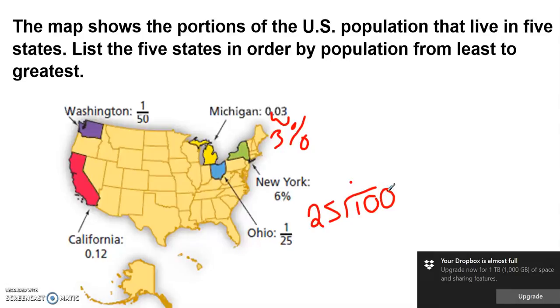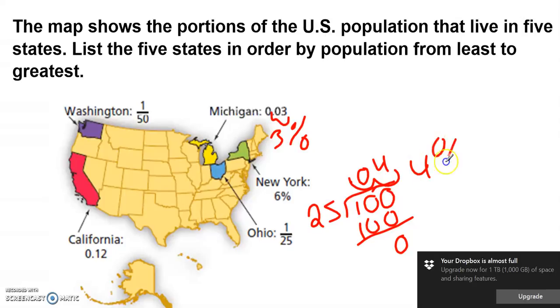25 goes into 10 0 times, but it goes into 100 4 times. That's 100, and that is 0. So this is going to be 4% for Ohio.